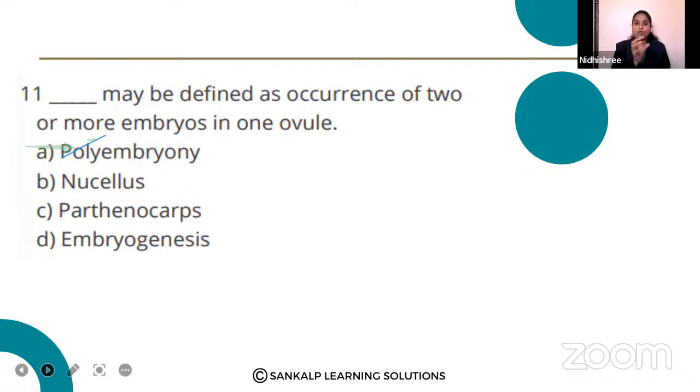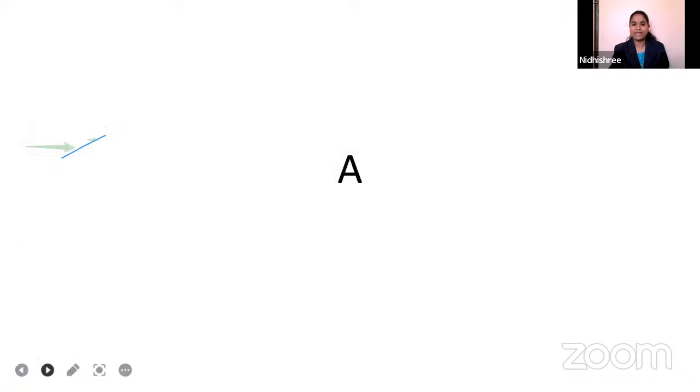If more than one embryo is found in a single ovule, what do we call that condition? Option A polyembryony, option B nucellus, option C parthenocarps, option D embryogenesis. The right answer is option A, that is polyembryony. The condition is called polyembryony, many embryos.